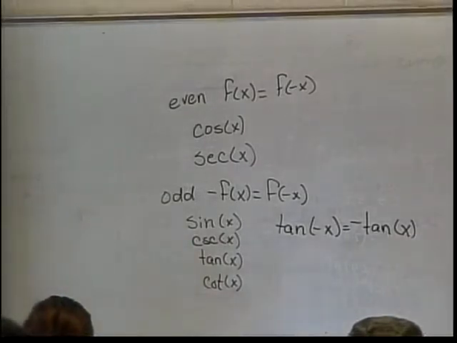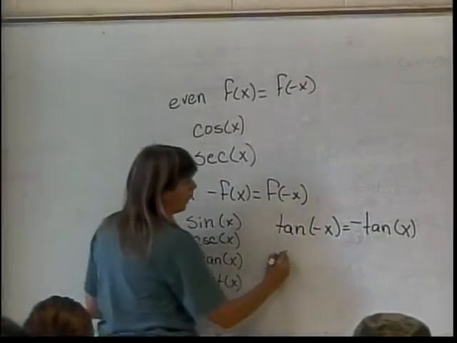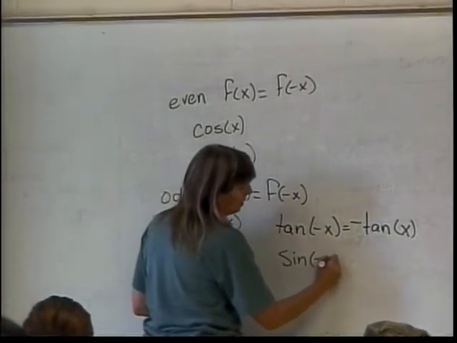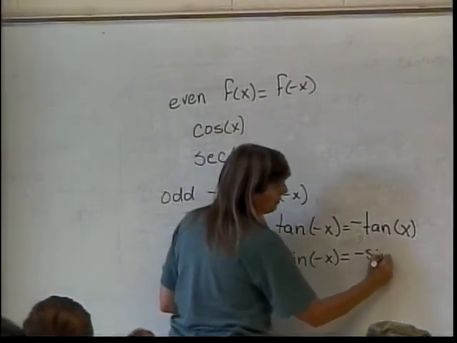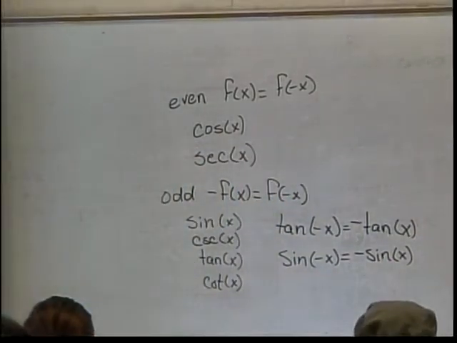What about our sine? Well, sine was an odd one, so that means sine of negative x is equal to negative sine of x, and I'm pretty sure we were told that the sine of x was 0.3, so the sine of negative x will be negative 0.3.